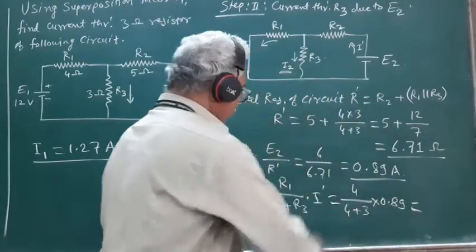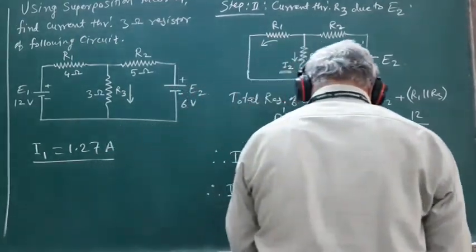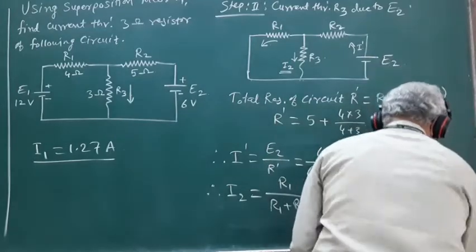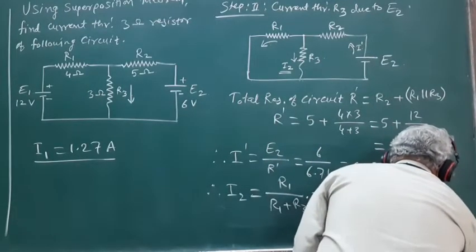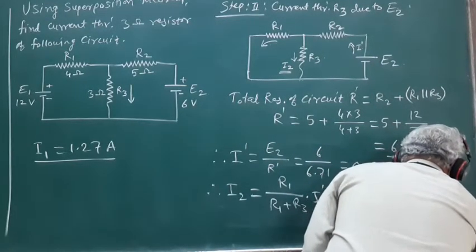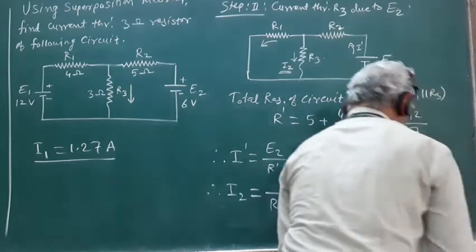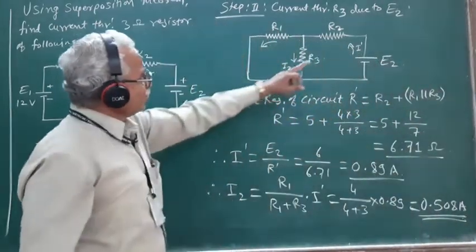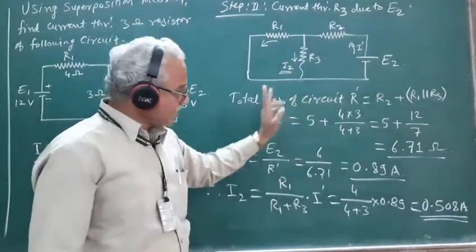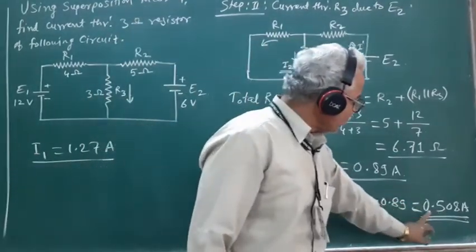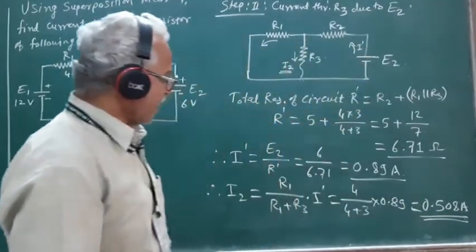So if you solve this, it works out to be 0.508. The current I2 sent by the source E2 to this resistance R3 works out to be equal to 0.508 ampere.